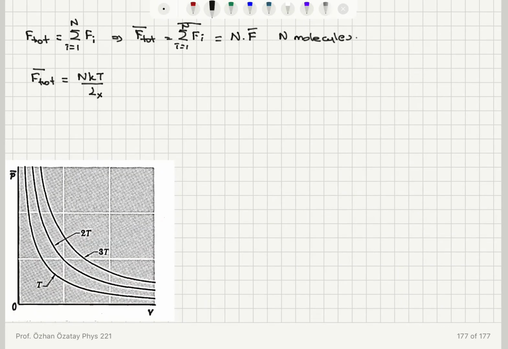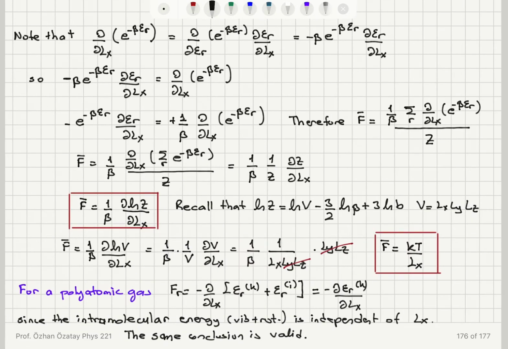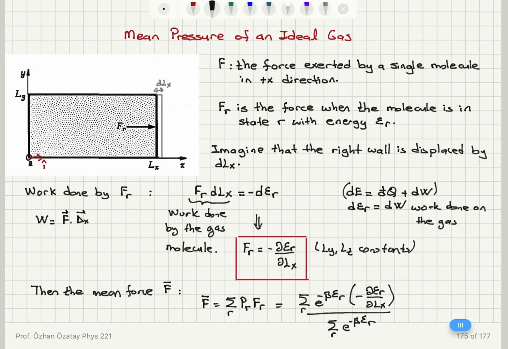Now if I calculate the mean pressure, that is the mean force that I'm applying per perpendicular area. The perpendicular area in this case will be the area of this wall. So I have to look at this area here. What would be this area?